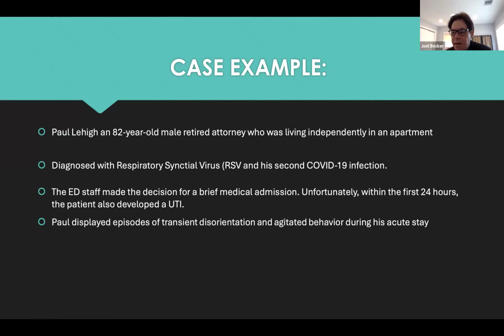There was a point in the admission where he was pretty much ready for discharge, although he still had positive symptoms for the RSV and the COVID. So he was considered medically stable, and yet he was still a possible risk for transmitting infection to other patients.